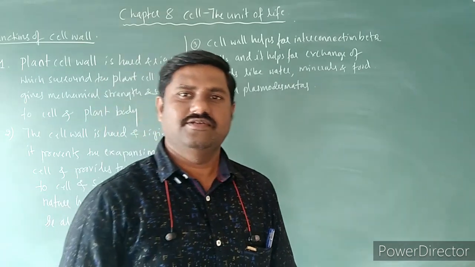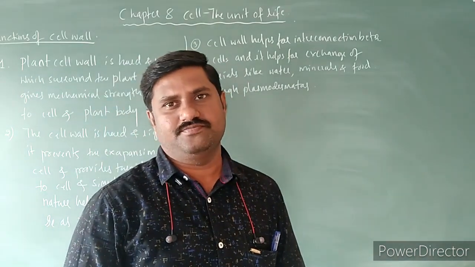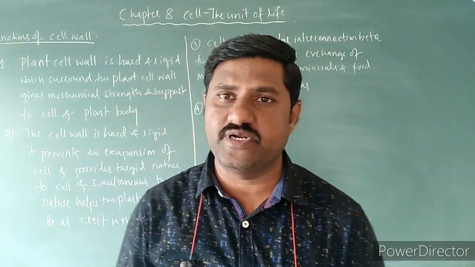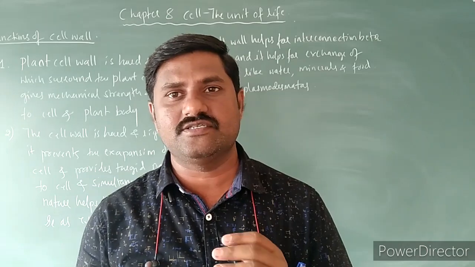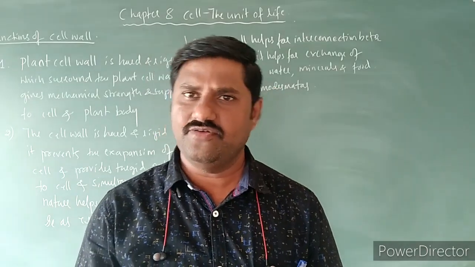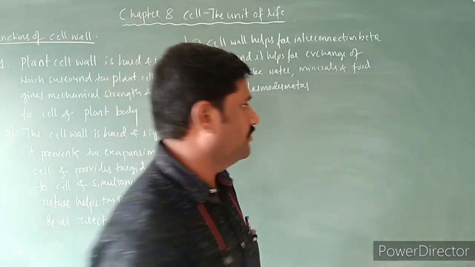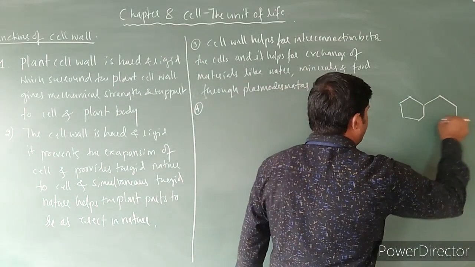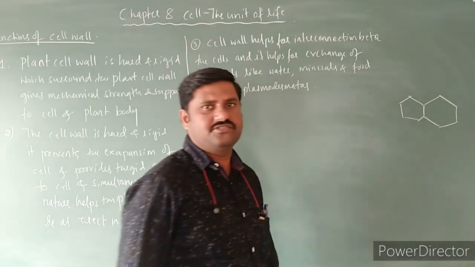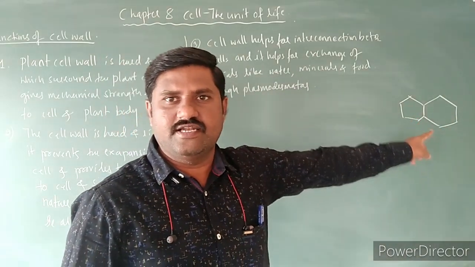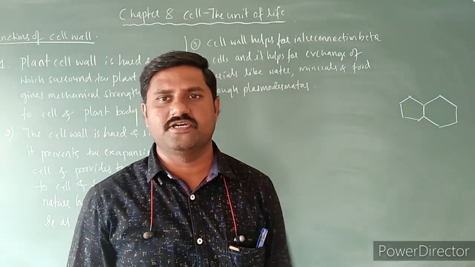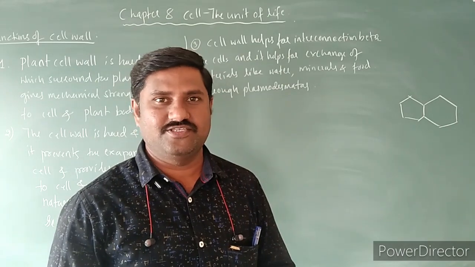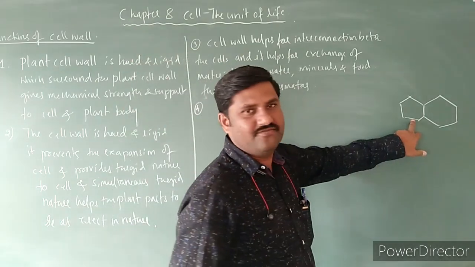And the cell wall also helps for the conduction of water as well as food material, that is, long distance transportation in plants. How is it possible? As we know, there are hexagonal compartments seen by the first scientist who discovered cells in slices of cork, Robert Hooke. These are nothing but cell walls.